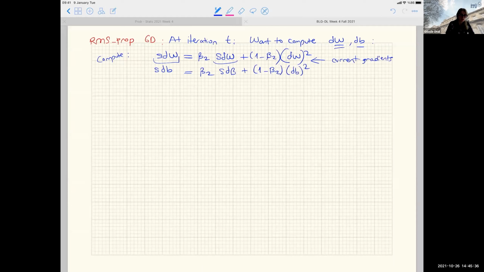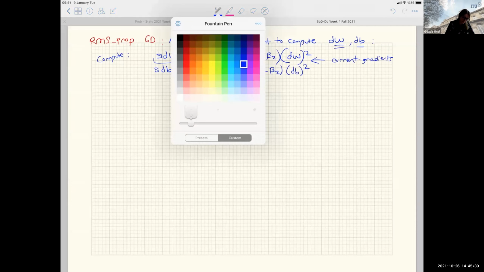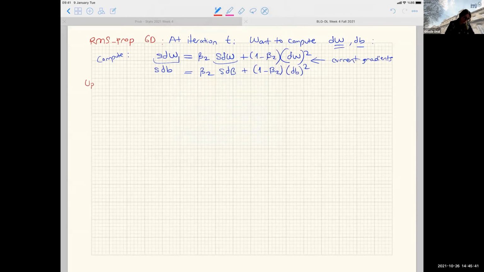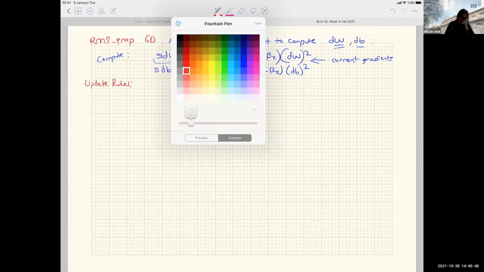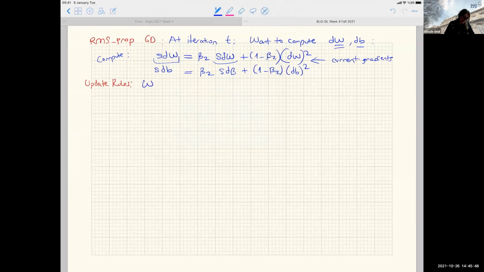Now, the RMSprop update rules are these guys. I have, for instance, W minus alpha times dW, vector or matrix, whatever form you convert it to, which is fine. dW over, here what is nice is that these were squared gradients collected, exponentially smoothed or averaged out.